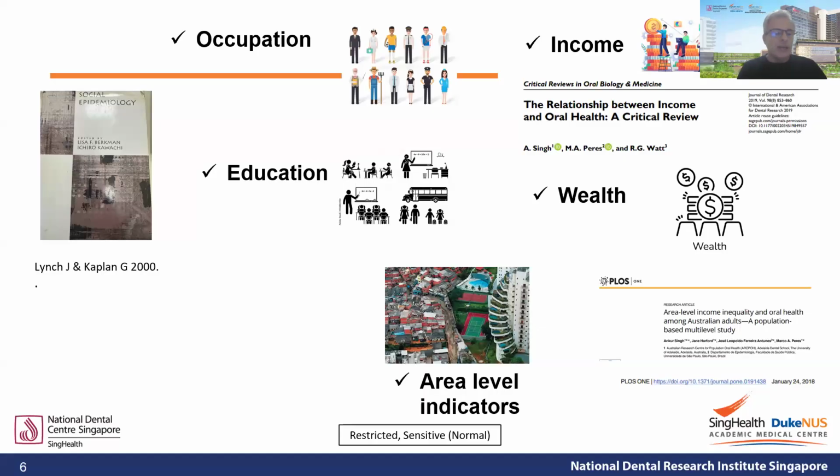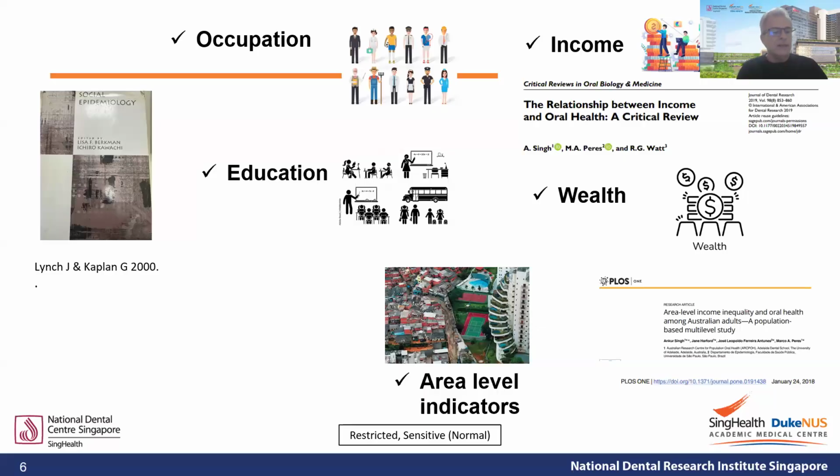Also, area-level indicators, and here we have an iconic picture of my hometown, São Paulo, showing the division of two different neighborhoods, very, very famous photos. Area-level indicators reflect contextual effects and are very relevant in terms of policy, making them useful when individual data is unavailable.